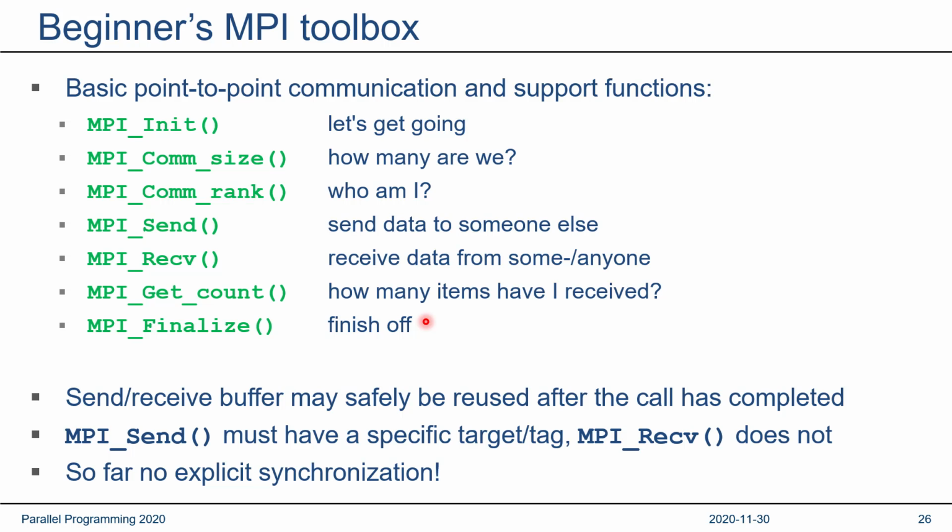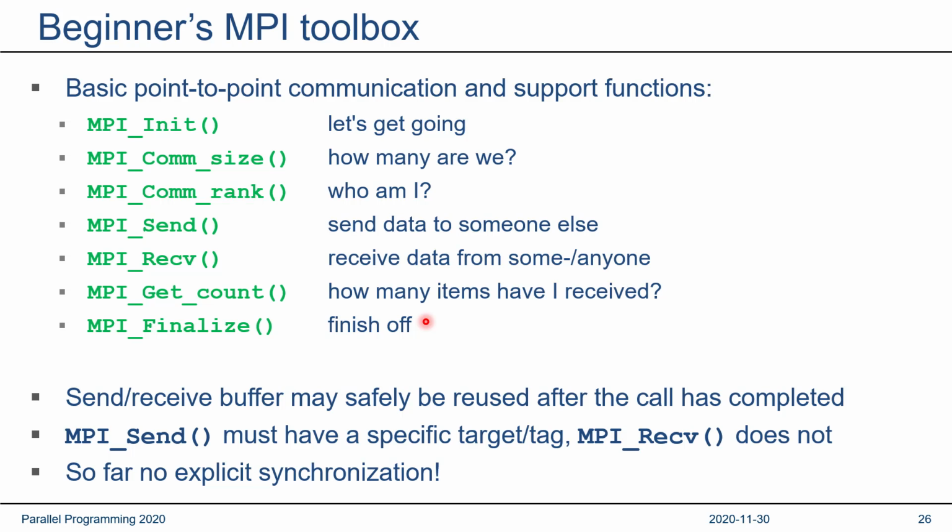Remember that what we've covered up to now are blocking semantics, so the send and receive buffers may safely be reused after the call is completed. That you would probably also naively expect if you do MPI programming. MPI_Send must have a specific target and tag, of course, because I have to attach something to the envelope that lets the library know where the message should go.